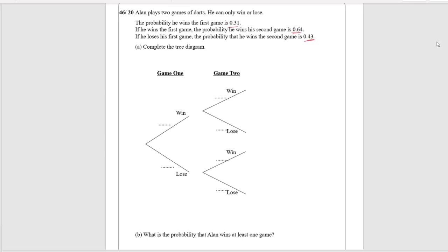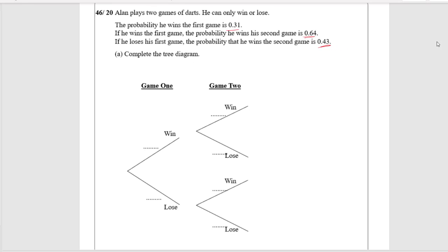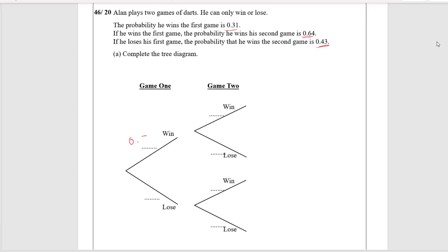Let's zoom in a little bit. So we have everything here. 0.31. Now we know that the tree diagram branches always add up to a whole, or a 1. So the other branch will be 0.69. Now look at the information that we have next. If he wins the first game, the probability he wins the second game is 0.64.